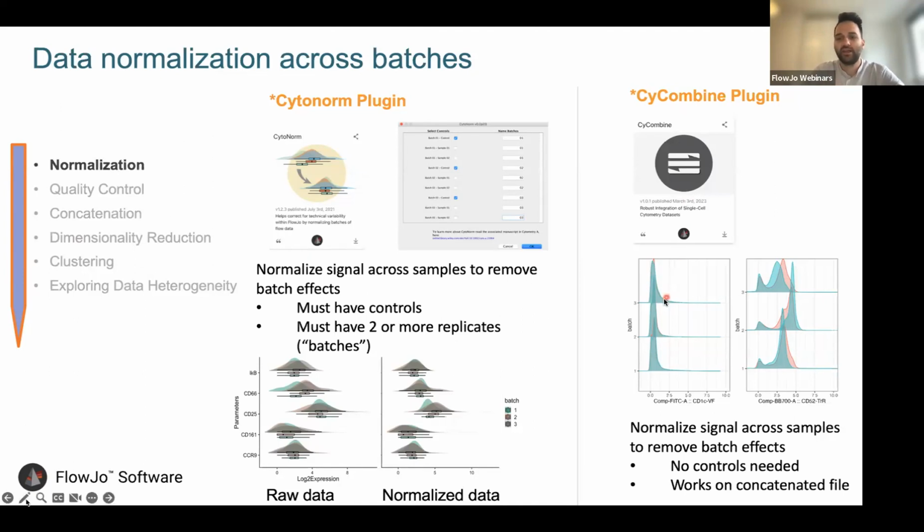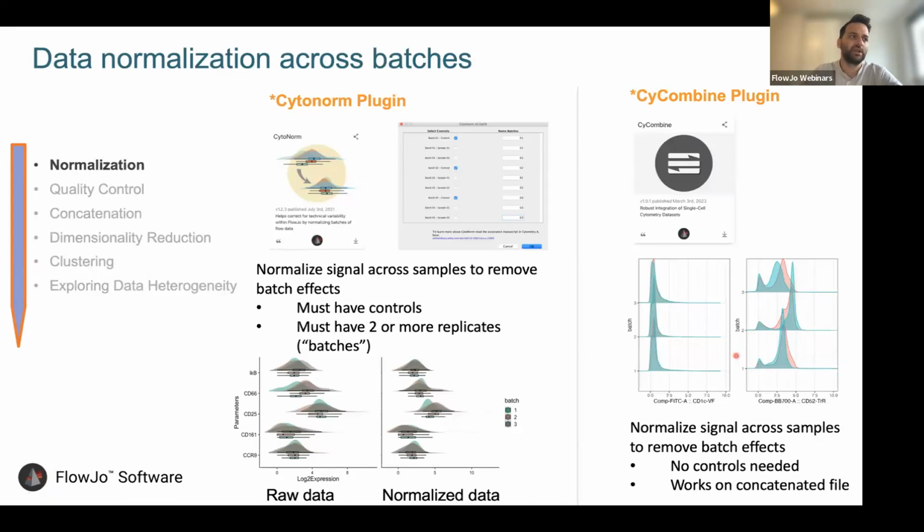And it works by defining a batch ID keyword to set. For example, in that case, we had 3 different batches, 1, 2, 3. We set a keyword for those 3 conditions, and then cycombine will normalize across those different samples.